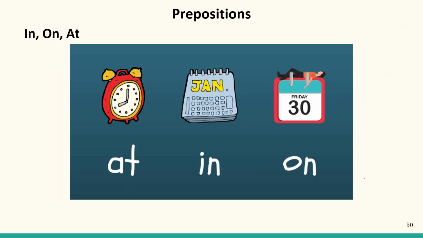Now, let us see some more prepositions. Again, we have in, on, and at for time. I've already told you about on and in in the last session as well, that for short time durations we use on, for long time durations we use in. But whenever we have clock time, we use at. For example, at 2 o'clock.